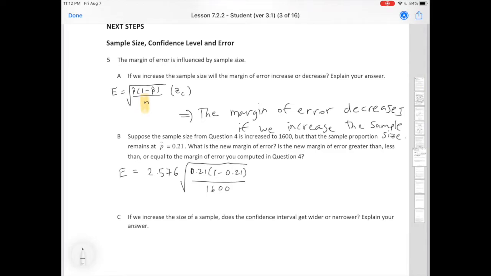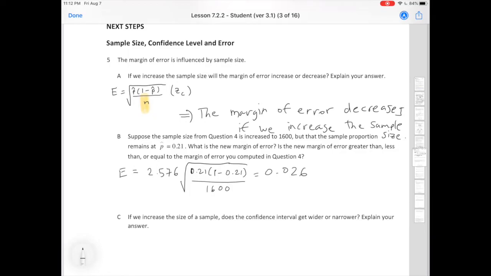And just to save time, I'm just going to do it. Times the square root of 0.21 times 1 minus 0.21, and then divided by 1600. What I got is 0.026.